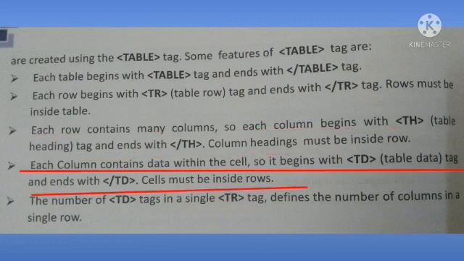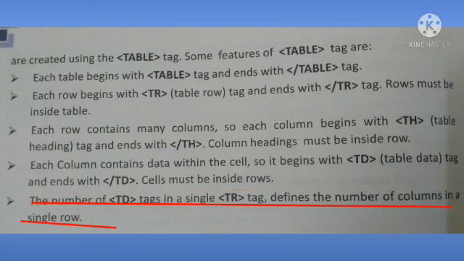Cells must be inside rows. When we finish all the cells for a row, then close the row with the ending tr tag, and for each new row repeat the process of beginning the row, building each cell in the row, and closing the row.